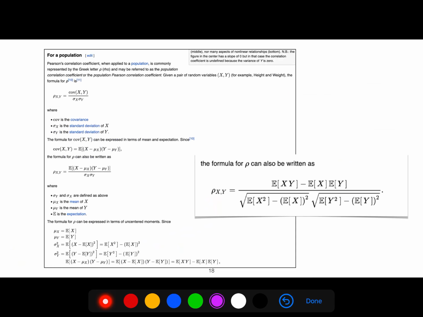If you're not familiar with the Pearson correlation coefficient, it is just the expectation of xy minus the expectation of x times the expectation of y, divided by this denominator.